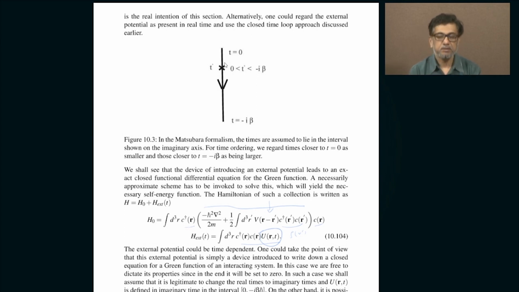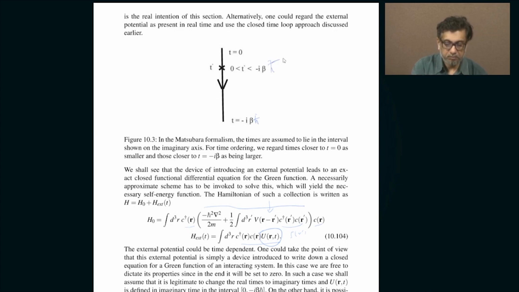But this is some mathematical device which I am introducing. Because it is a mathematical device, I can pretend that this time dependent external source is meaningful only on the imaginary axis, and it is defined for times between t equal to 0 and t equals minus beta h bar.